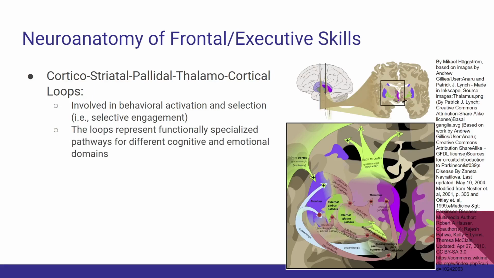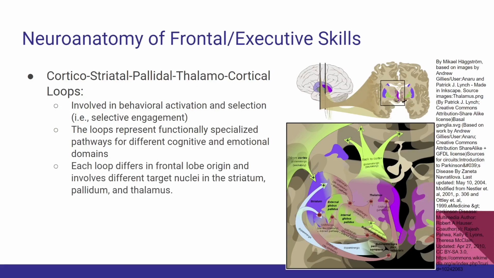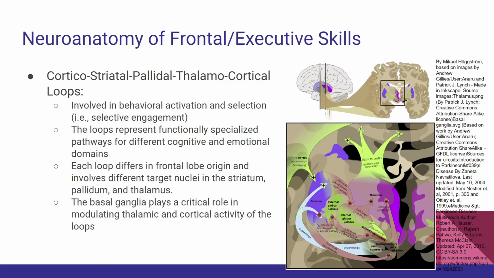And there are functionally different loop pathways for the different cognitive and emotional domains. And each loop differs in the frontal regions that are involved, as well as some of the subcortical regions in the basal ganglia and the thalamus that are involved. And the basal ganglia plays a critical role in modulating both thalamic as well as cortical activity within these loops.